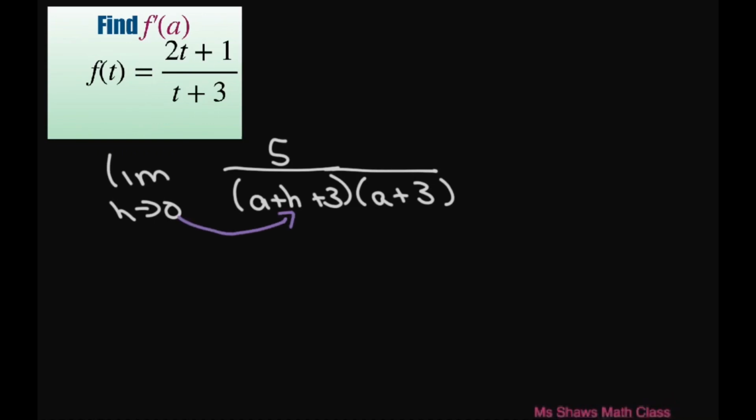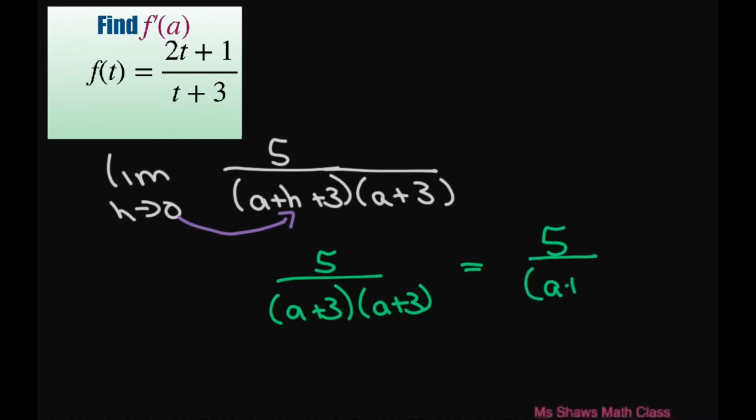If you substitute in 0, we don't need to write the limit again. This will give you a, and then we'll have (a plus 3) times (a plus 3), or you can write this as 5 divided by (a plus 3) squared. And that is your final answer.